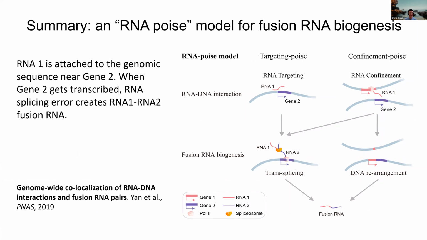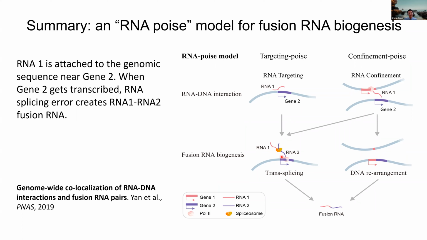So with all of this adding together, we proposed a model for fusion RNA biogenesis, which we felt could be called the RNA Poise Model. So the model is the following. The RNA transcribed from one gene, that's called RNA1, is attached to the genomic sequence of gene 2. And when gene 2 is transcribed, we know that splicing of gene 2, of RNA2, happens most of the time co-transcriptionally.